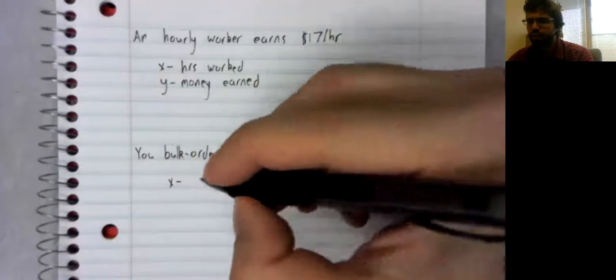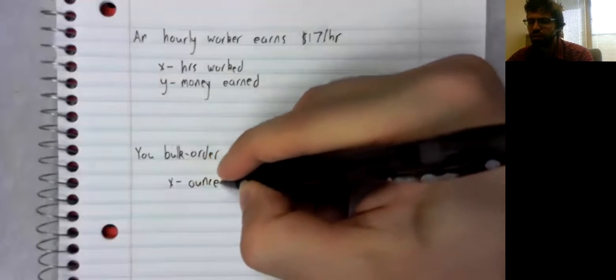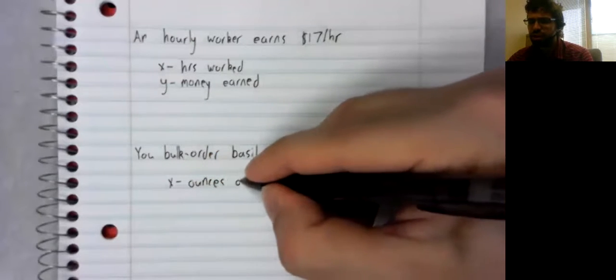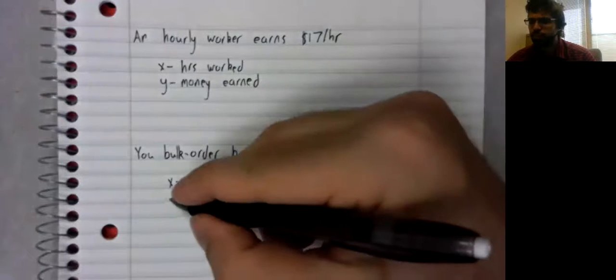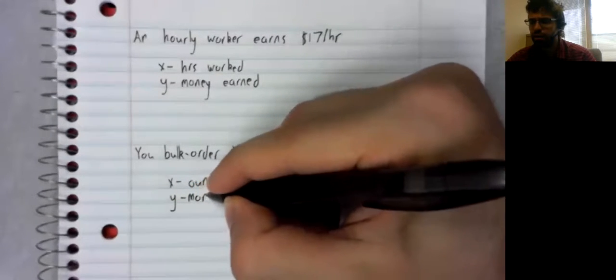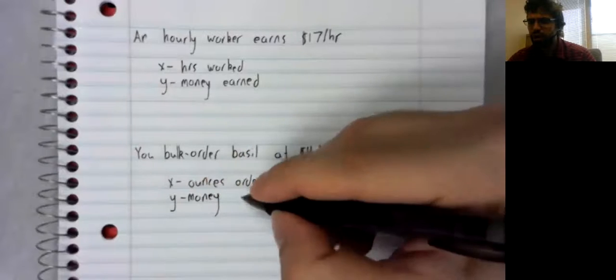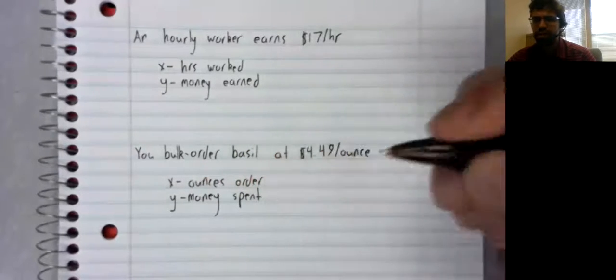And we can let X be the number of ounces you order, and Y be the money spent.